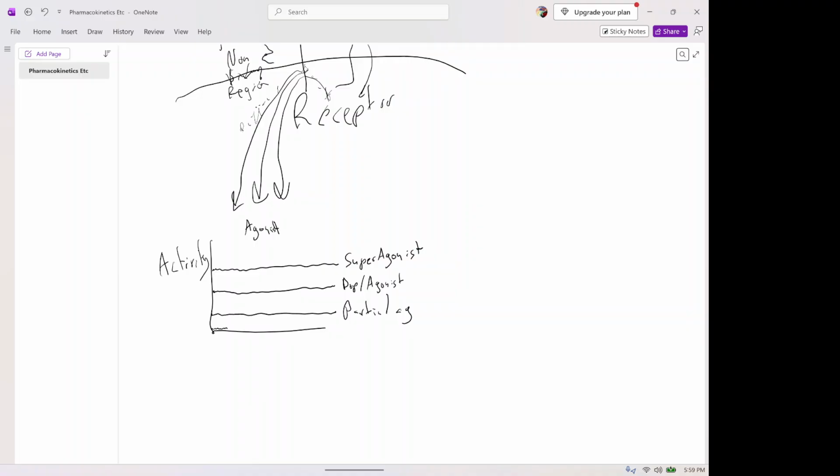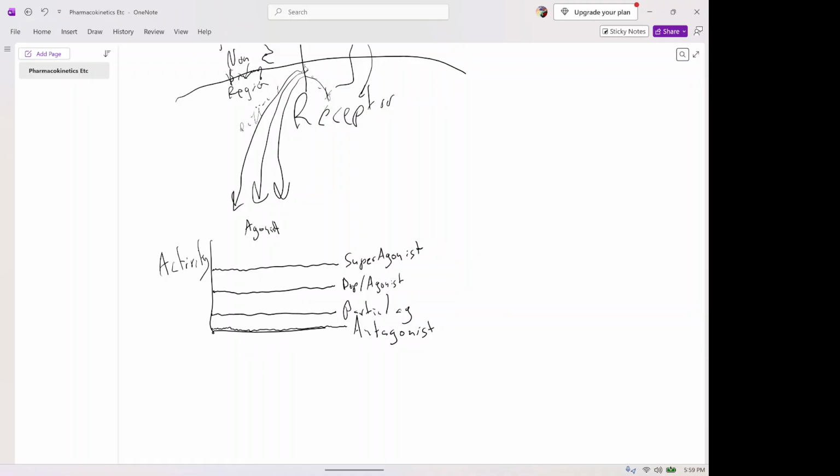Antagonists would be basically as close to zero as we could get on this graph. Now, technically, there is often basal state activity, so there is usually some activity of the receptor even when there's no ligand binding.